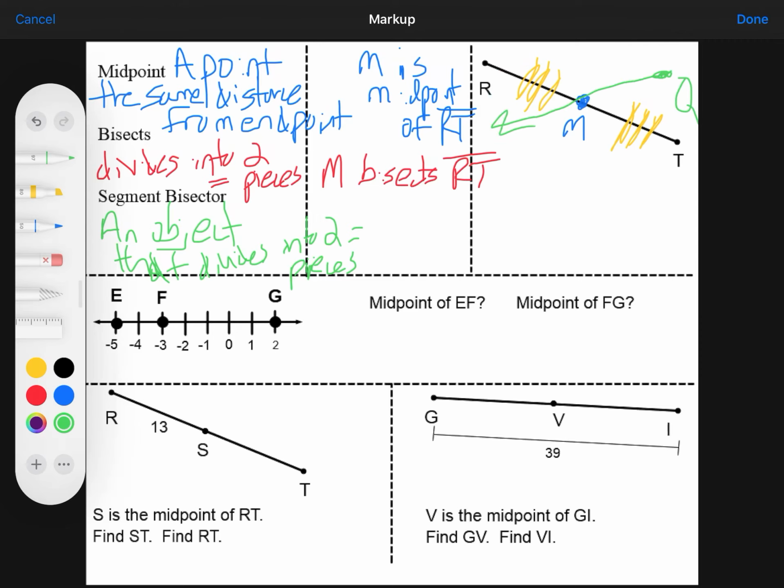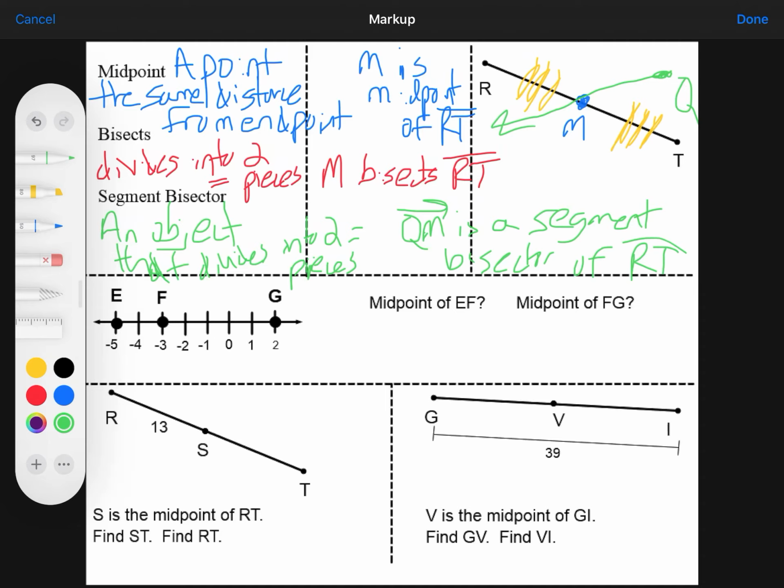That ray would not be ray MQ. It starts at point Q, goes through M, and on forever. So I'd have to say QM is a segment bisector of segment RT.